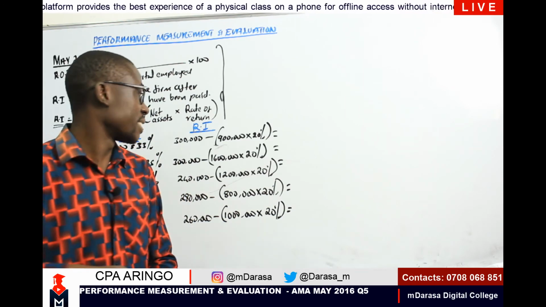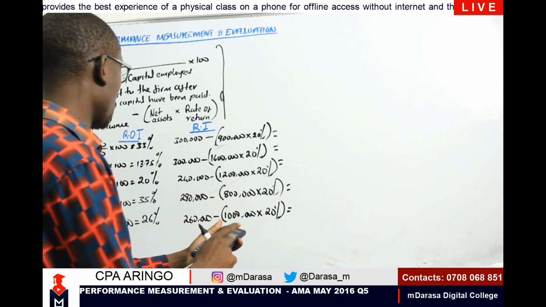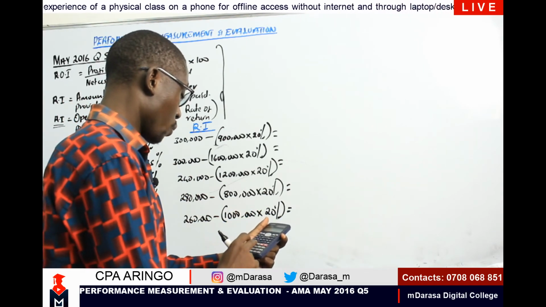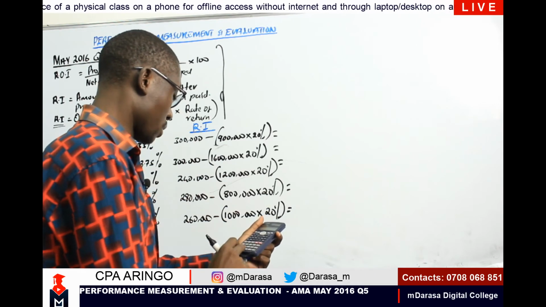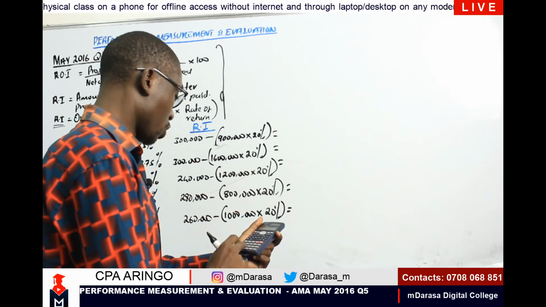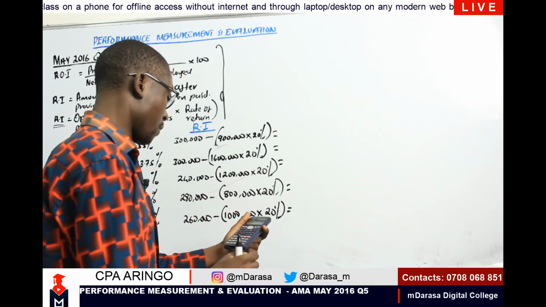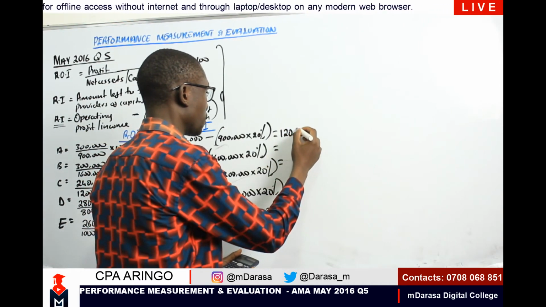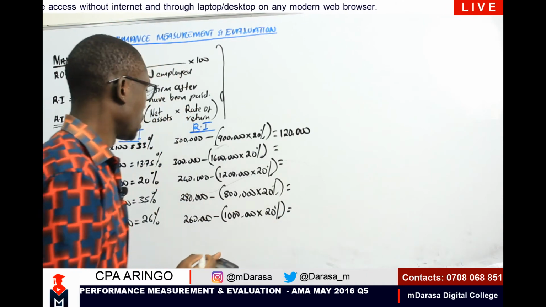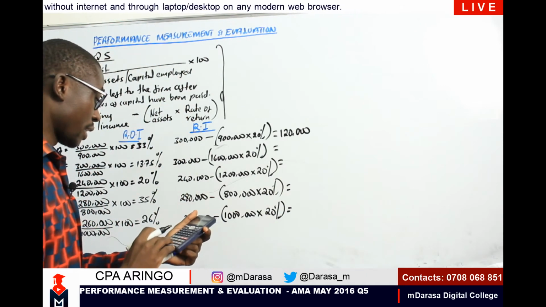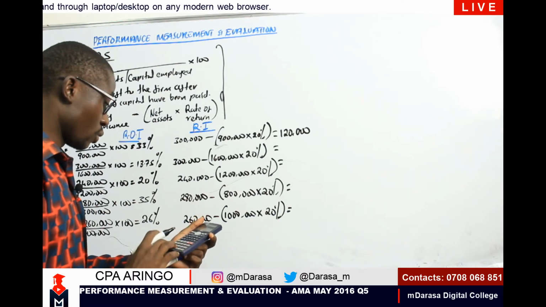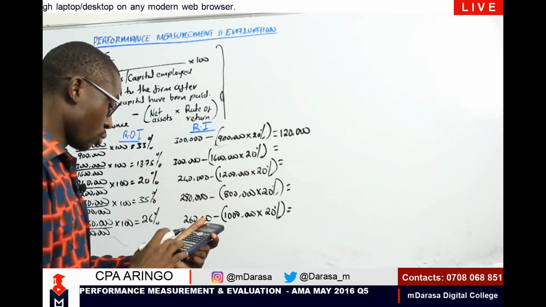As simple as that. So the first case, we take our 300,000, less 900,000 times 0.2. That should give me a figure of 120,000. The other one, you should be talking of 300,000, less 1.6 million times 0.2.